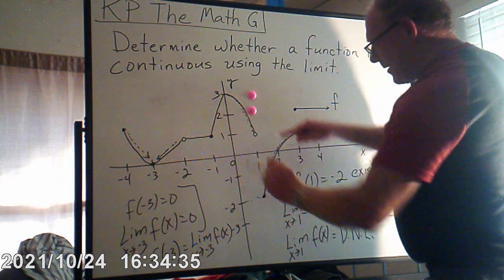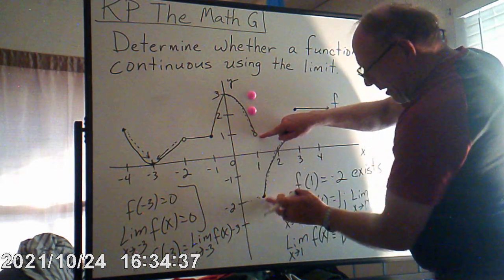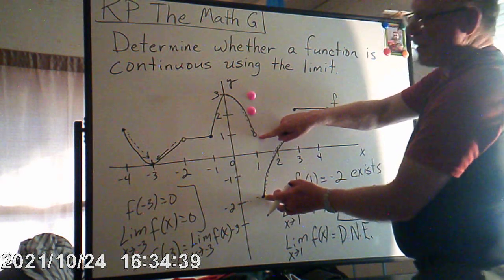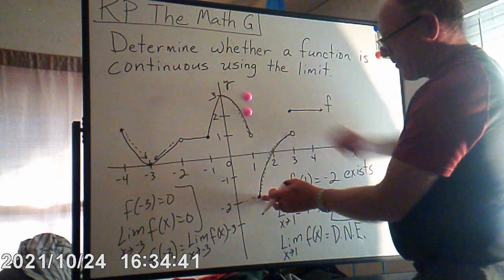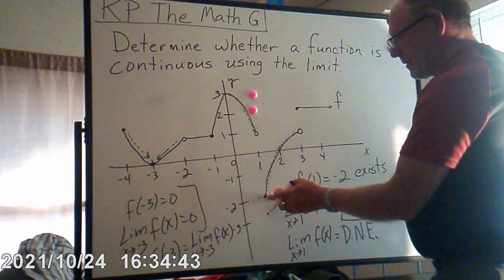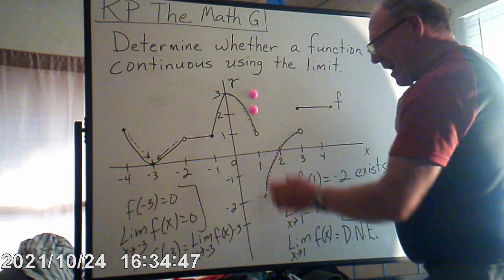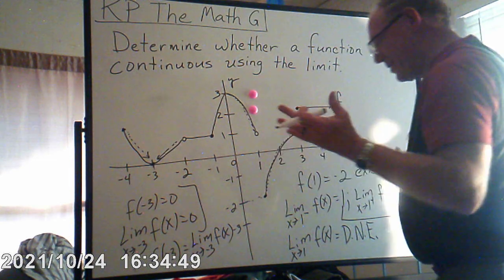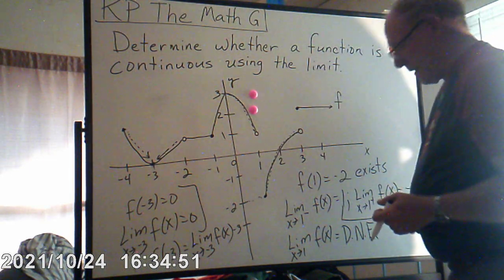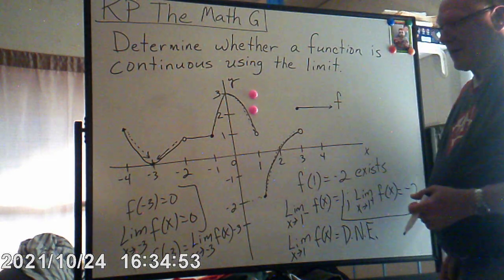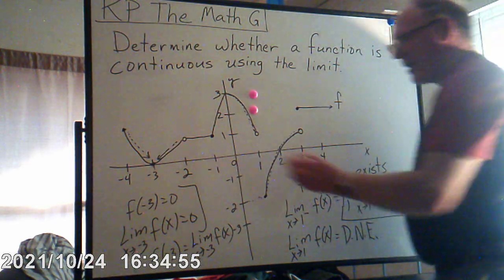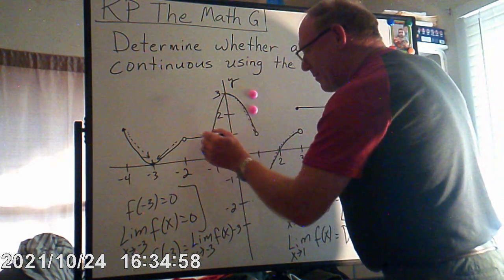You have a 3 unit gap here. There is a definite gap here. When you see a jump or a gap like this, there is no continuity there. Right here you have it at -1.